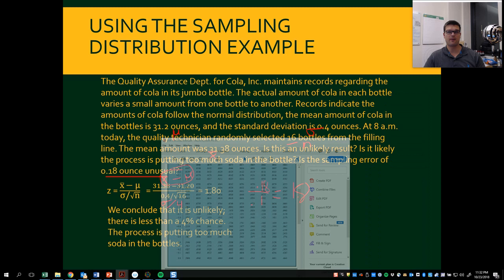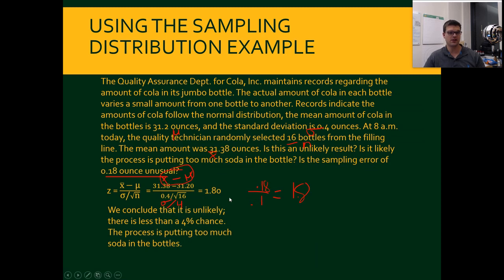So the z-score is saying that the mean that he pulled was 1.8 standard deviations above the mean. The mean of the sample that he pulled is 1.8 standard deviations above the population mean, which is pretty unlikely.